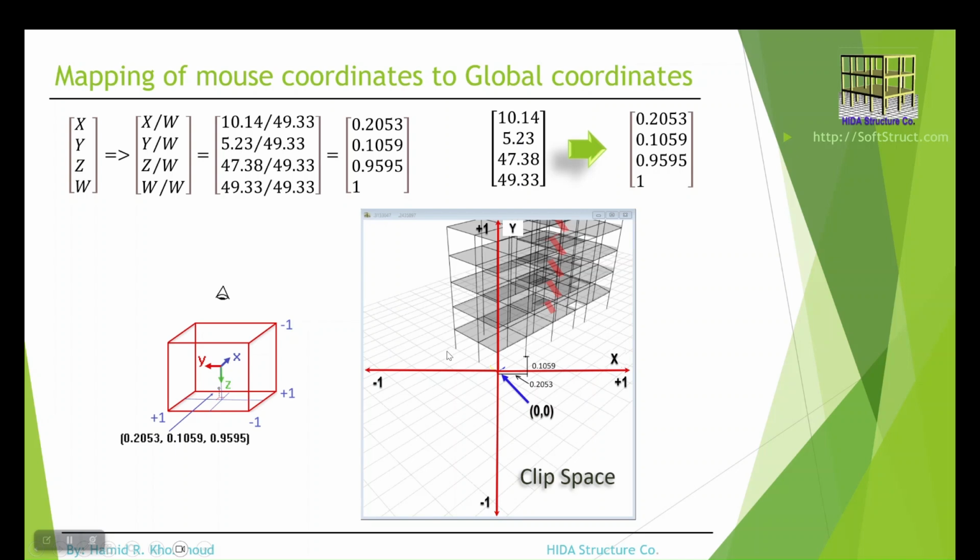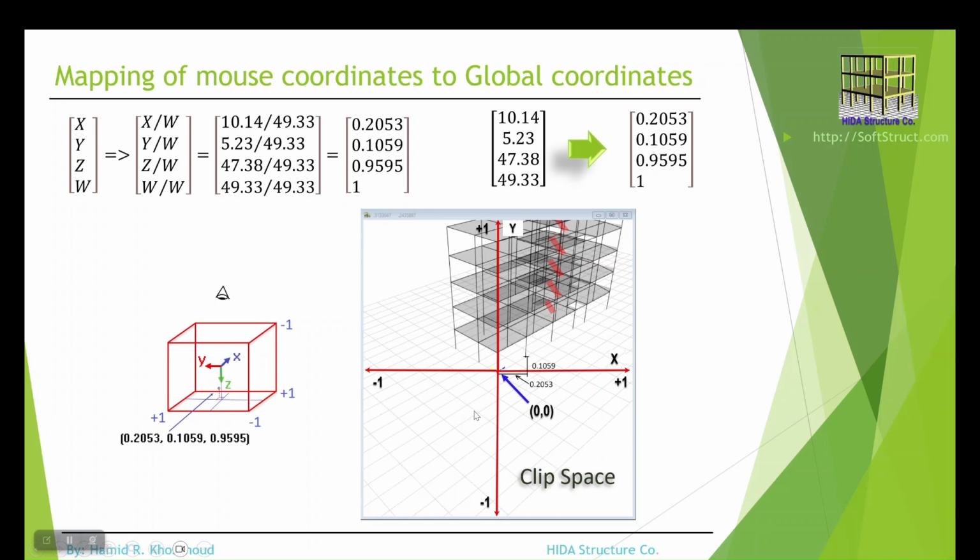It can be done by dividing all coordinates of the point by w, which equals 49.33. Therefore, the x and y coordinates of the point in the clip space show the distance of the point from the x and y axes into our form, as depicted in this figure.